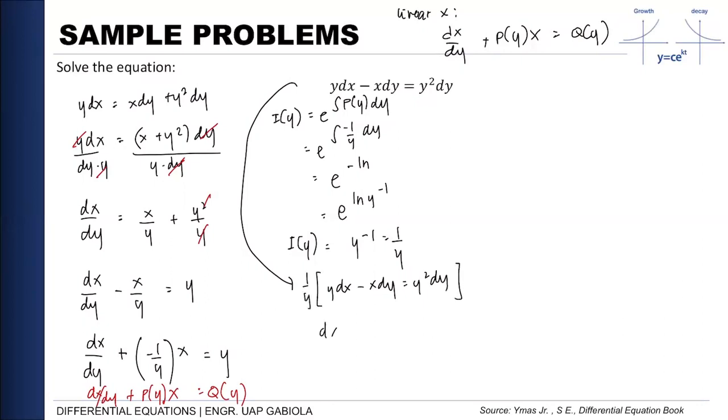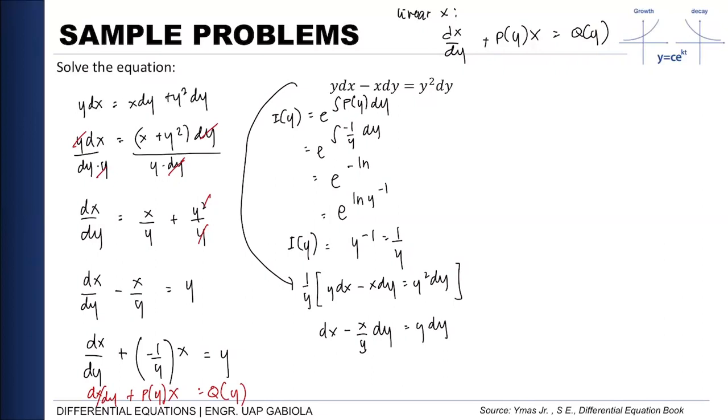So, this is dx minus x over y dy is equals to y dy. Okay? So, once we have that, anong pwede natin gawin? So, you need to find for differentials na pwede mo nating magamit.